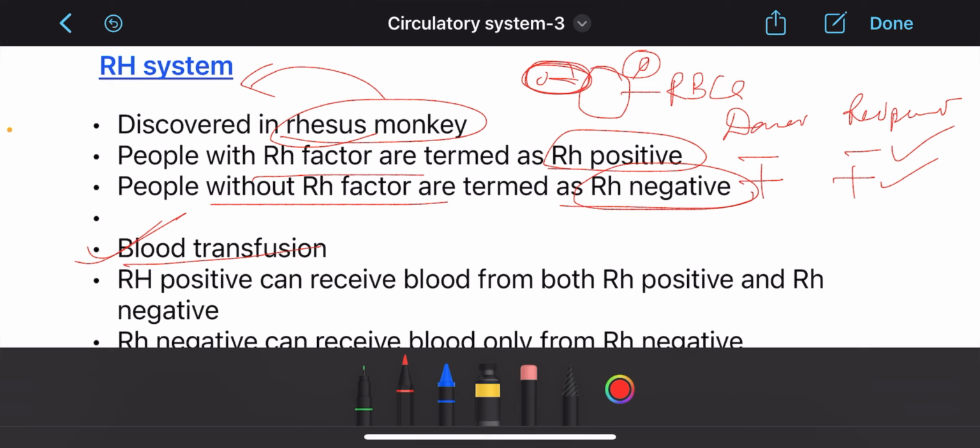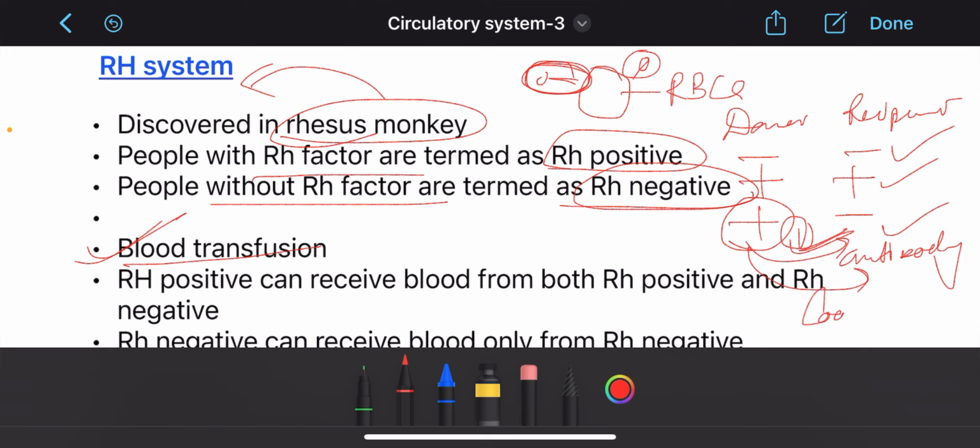But if the donor is RH positive and the recipient is RH negative, then during first blood transfusion there is no problem, but the antibodies against this antigen develop during the first blood transfusion. And if again the second time the blood is transfused from a donor which is Rh positive into the same recipient, then in that case there will be clumping or coagulation.